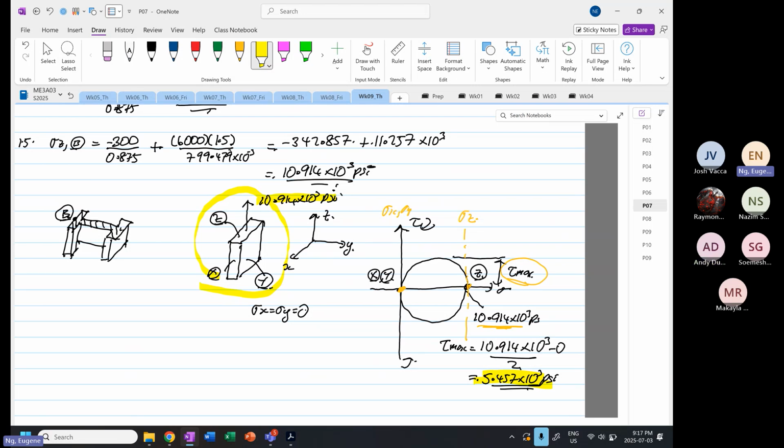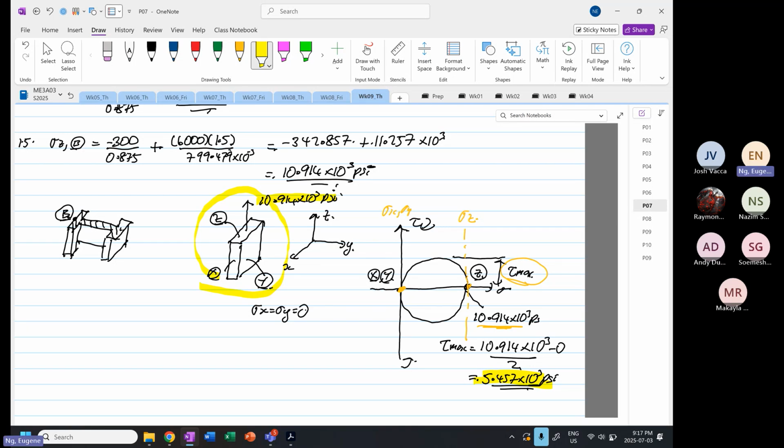And then for the rest of the question saying the principal stress, would that just be the 2 points, the max and the min? Say it again. When it says determine the principal stress, is that just the max and min points? Stress max, stress min, it is. For this case, it happened to be one circle in 3D.